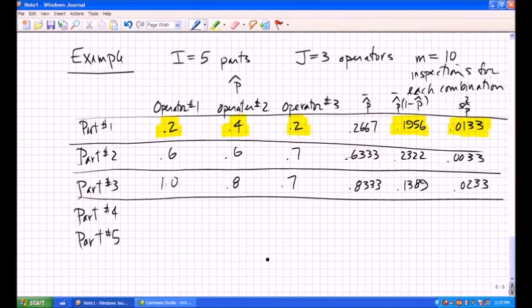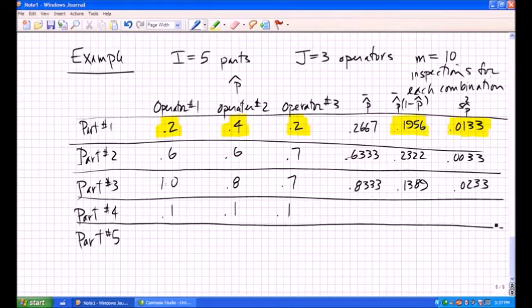0.0233. For sake of argument, we'll suppose that part number 4, each of the operators made a single non-conforming call in 10 trials. That gives an average of 0.1, and 0.1 times 0.9 is 0.09, and the sample variance of 3 numbers that are the same is 0.